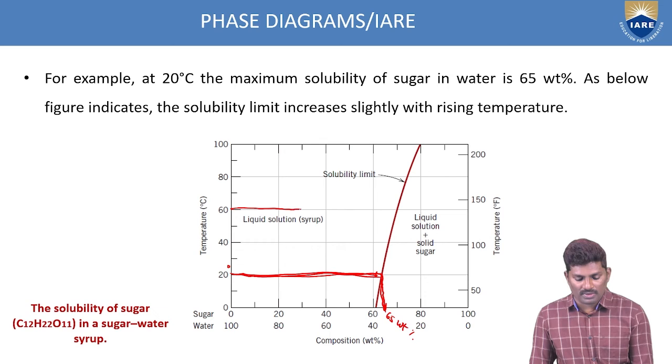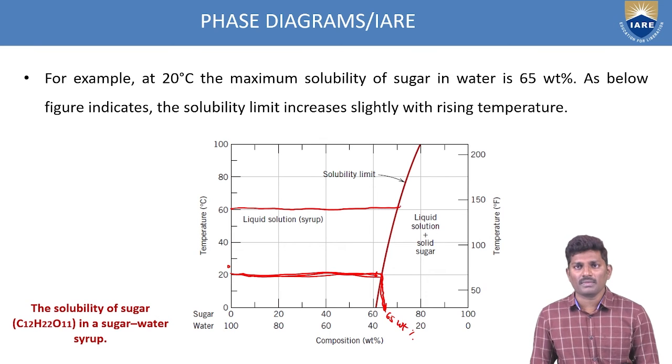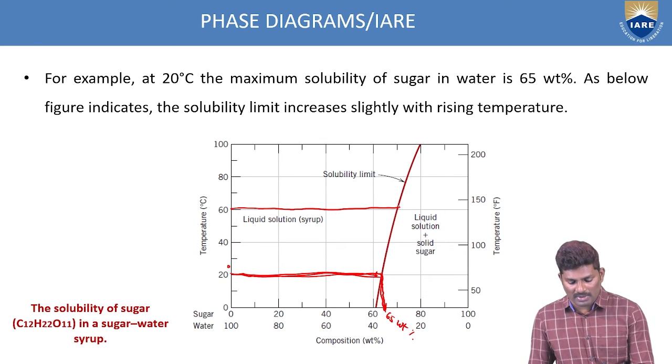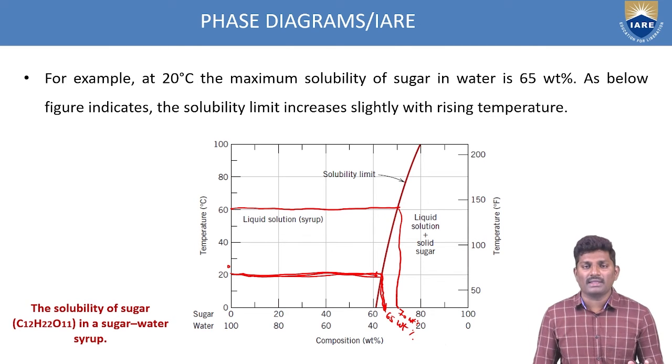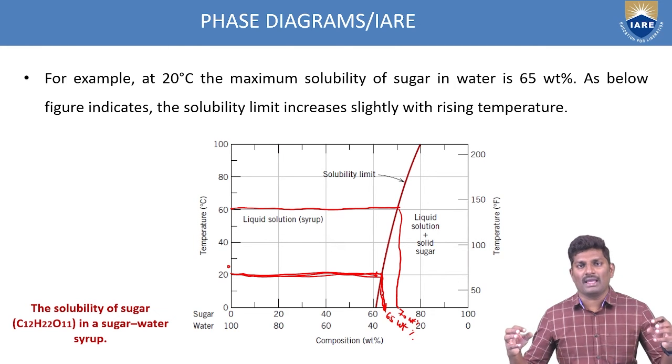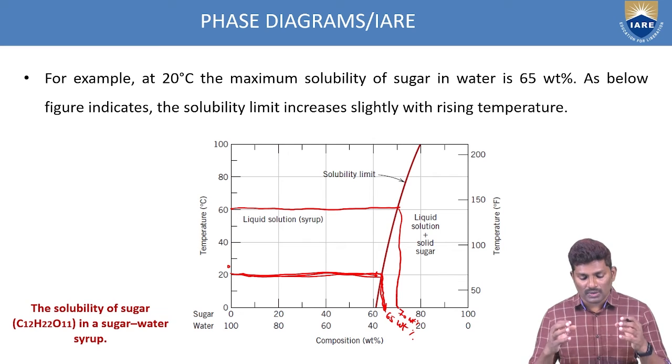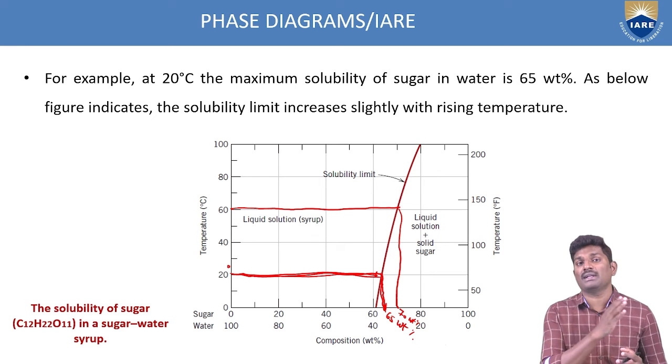I have to draw a line from the y-axis and drop a line at the x-axis. So what is the value you are getting here? You are getting 70 weight percentage. Like that, you have to stretch the lines along the x-axis and y-axis to get the weight percentage of sugar and water at a particular temperature.